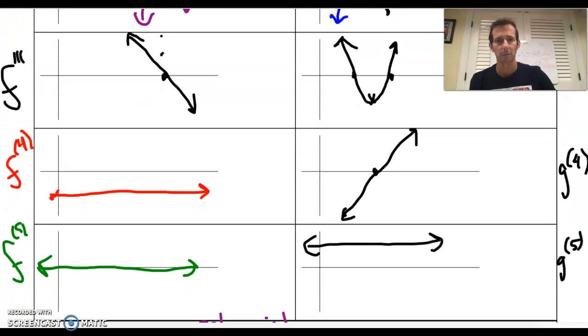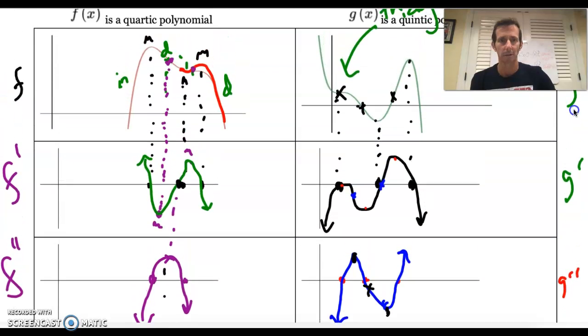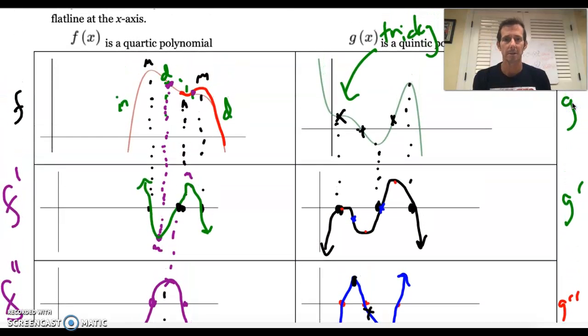So you kind of ran out of room. Now this one is where it gets a little bit tricky, because this point right here would have a horizontal tangent. So the derivative would be 0, boom, it's an x-intercept. But notice that I'm decreasing, and after that point, I continue to decrease. Therefore, the derivative has to stay below the x-axis for both sides of this.